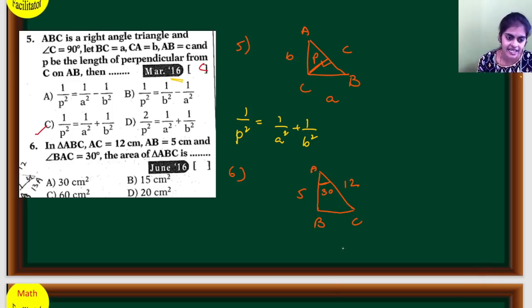If it was a right angle triangle, you can directly do it. But here, it can be implied. You can see AC is 12, AB is 5. Okay, so you need to find the area, angle BAC is given as 30 and you have to find the area of the triangle. So what can we do here? This is 30. So somewhere I feel this has to be 90.